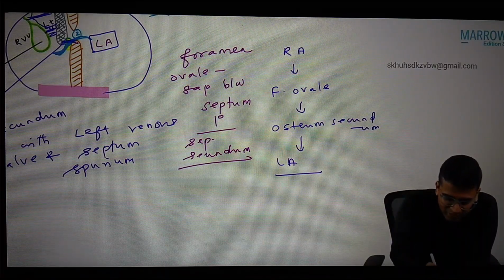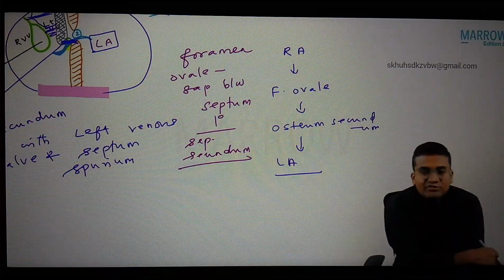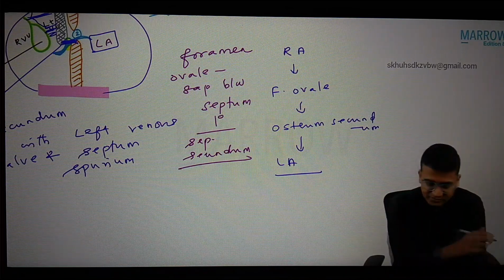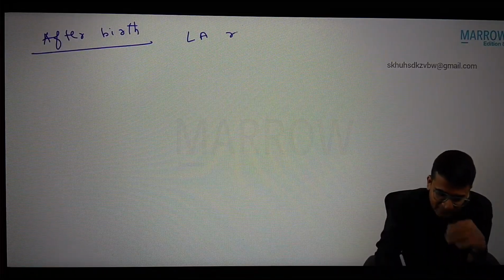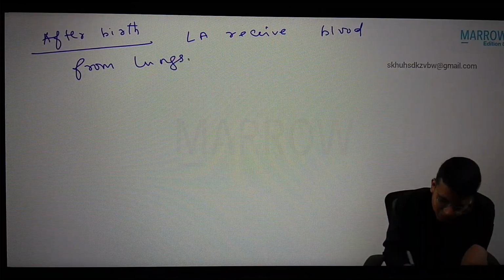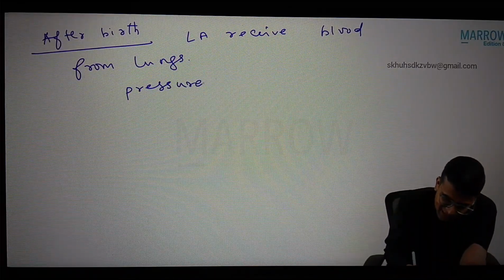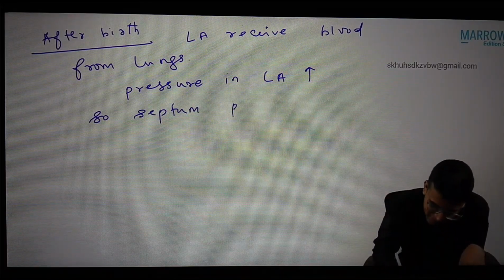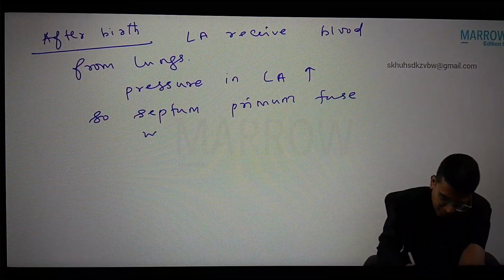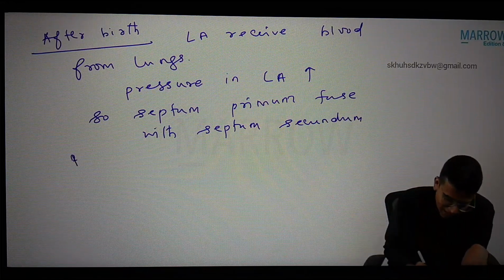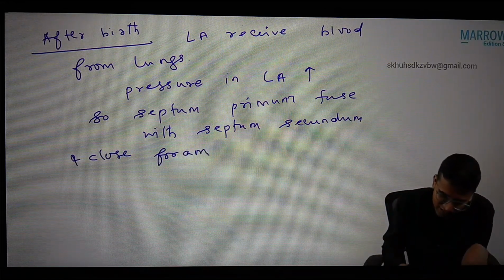Because of that, the septum primum will fuse with the septum secundum and close the foramen ovale, creating one partition between the left atrium and the right atrium. So please write this down.